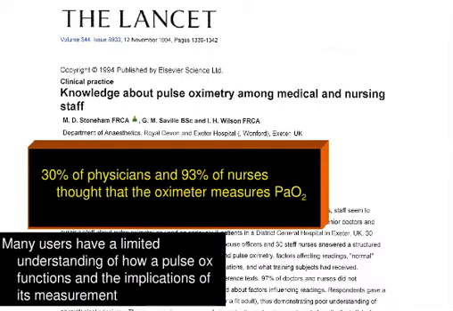Probably a major problem with pulse ox is that many users have a very limited understanding of how the machine works and what to do with the readings once they get them. And in this survey, when they asked physicians and nurses, about a third of the physicians thought that the pulse oximeter measures PaO2.